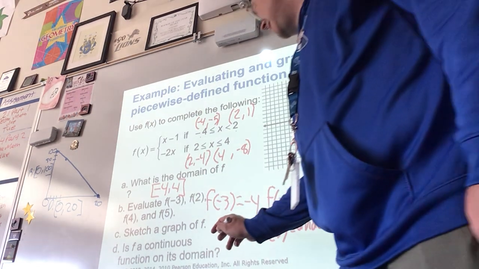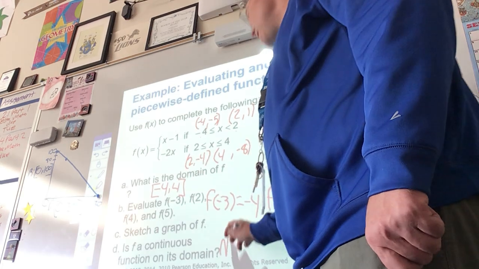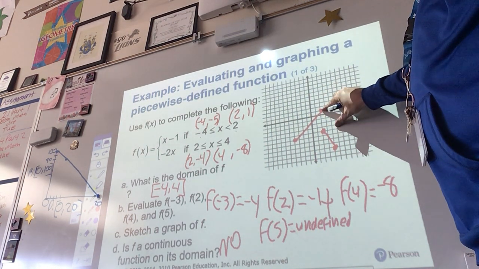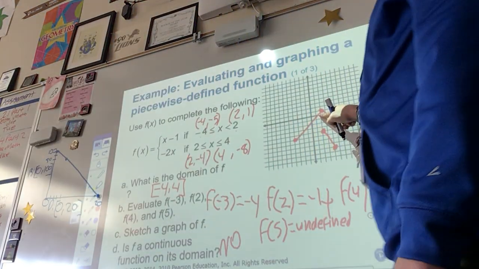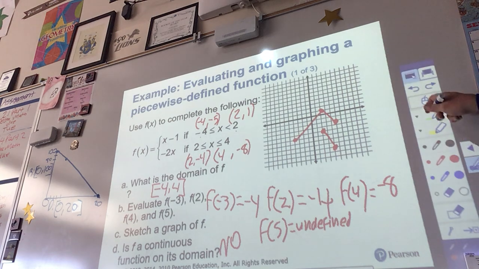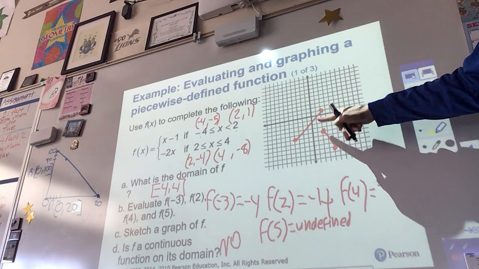So the answer is this continuous? No. If I wanted it to be continuous, I could take this piece, I would pick it up and move it over here, I would fill in this hole, and continue like that. So that's what it would look like if it were continuous, but it's not, because I have a jump from here to here.